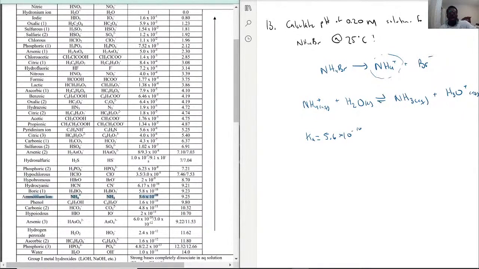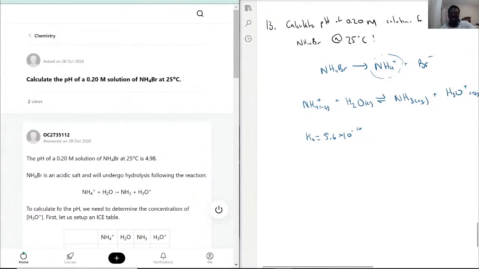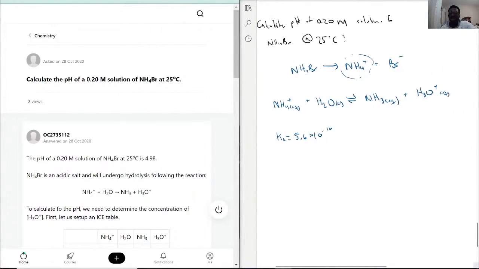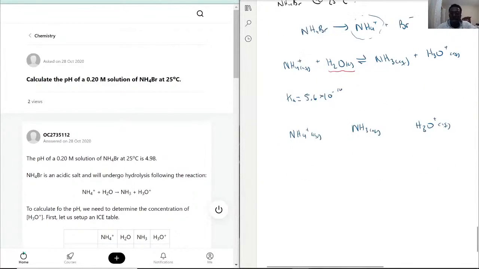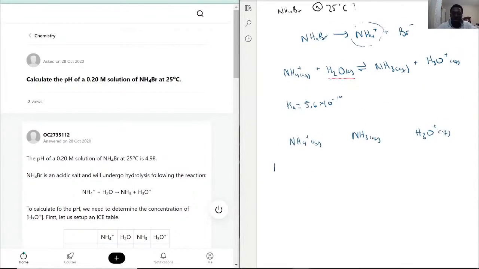And now we're ready to make our ice table, as they say. Water should not be counted towards the ice table because it is a liquid. We're only going to have NH4 plus, NH3, and H3O plus. For the ice table, we have initial, change, equilibrium.